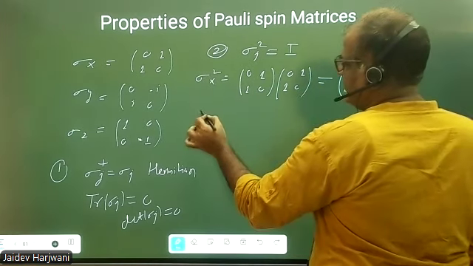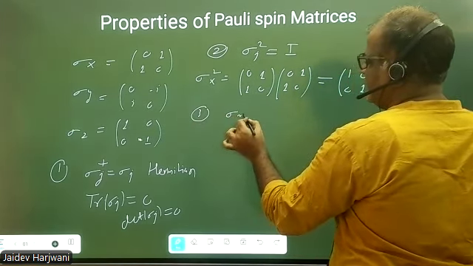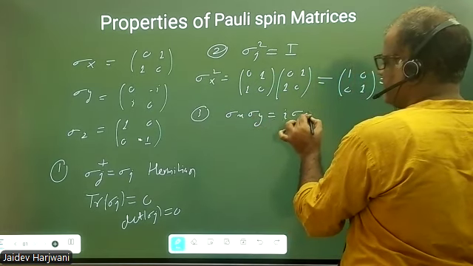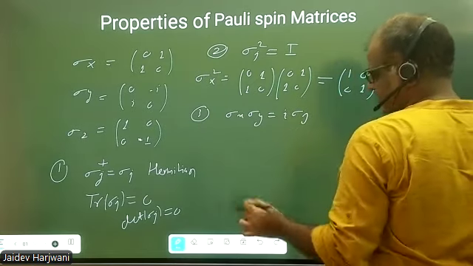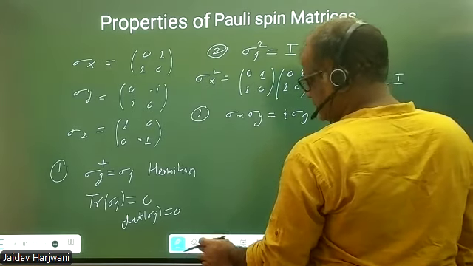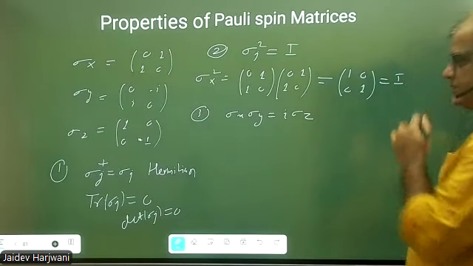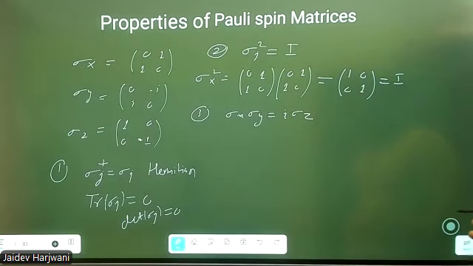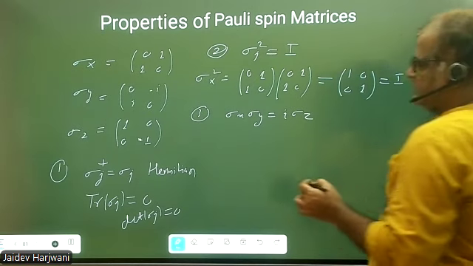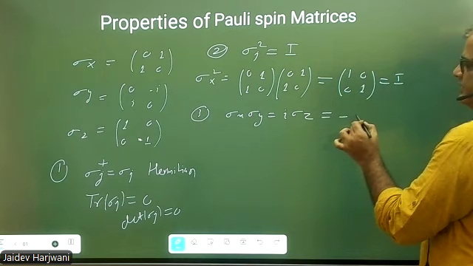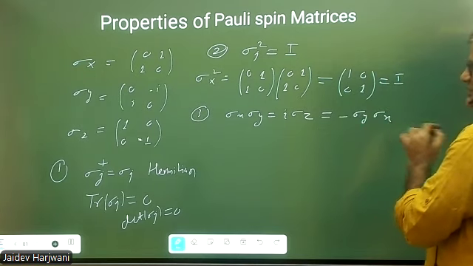Similarly, if you multiply sigma x with sigma y, you'll get iota sigma z, in general iota sigma k. And this is equal to minus sigma y sigma x.